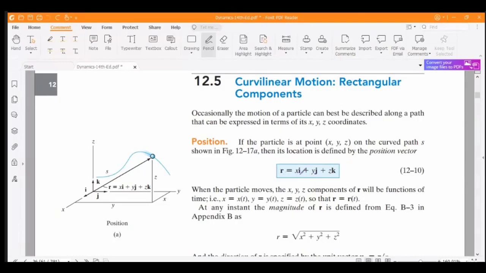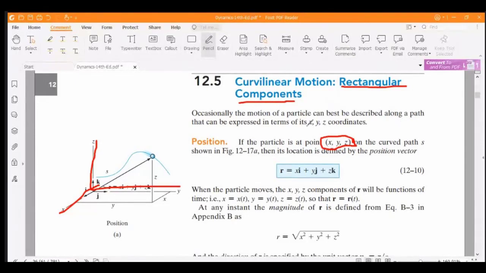So r is xi plus yj plus zk, where the particle is at a point x, y, z in an xyz coordinate system. In these three, we call it rectangular coordinates. Rectangular components are these, in curvilinear motion in three dimensions.